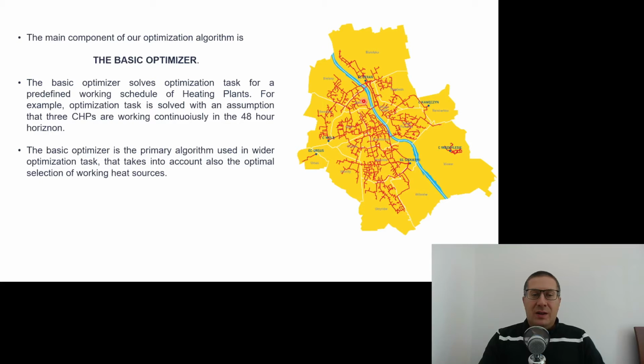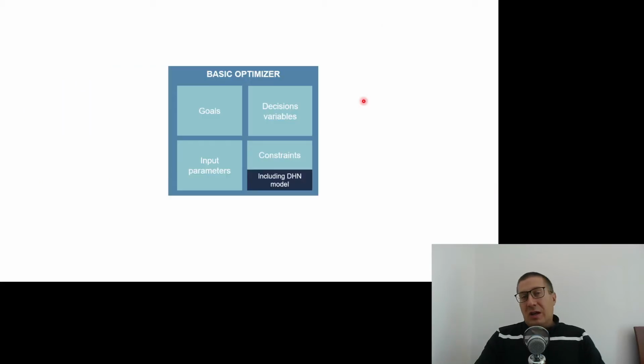Okay, so every time we discuss an optimization task, we need to know the goals. We need to know what the decision variables are, and what the constraints are as well. We should only focus on the things that link the decision variables with the goals, and the decision variables with the constraints.